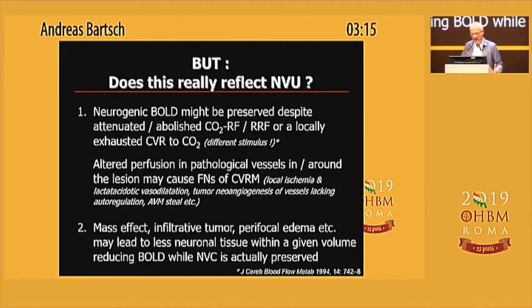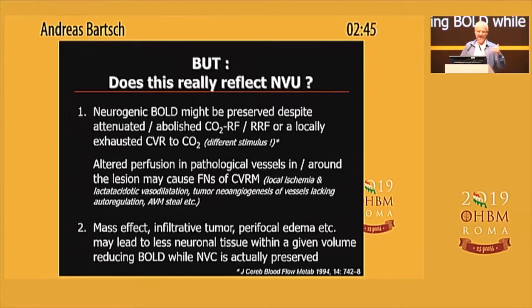First, neurogenic BOLD could, at least in theory, be preserved despite an attenuated or even abolished cerebrovascular response, because we are having a different stimulus. And altered perfusion in the pathological vessels in and around the brain lesion could cause a false negative in your cerebrovascular response mapping.